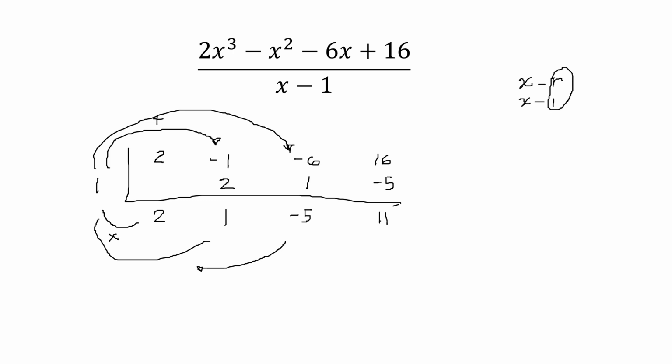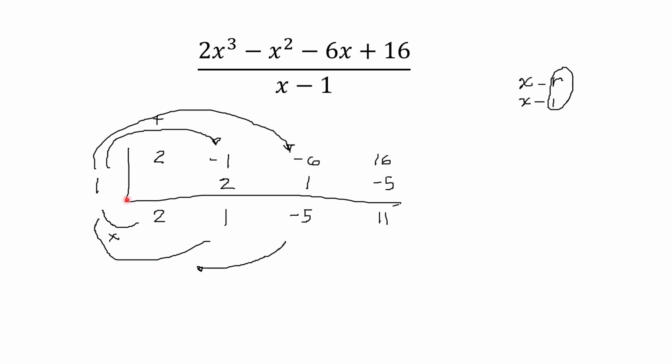Okay? Now, these numbers 2, 1, -5, and 11 are the coefficients of the terms. Okay, so how about the degree? The degree is, of course, 1 degree lower than the dividend because we divide that by x.